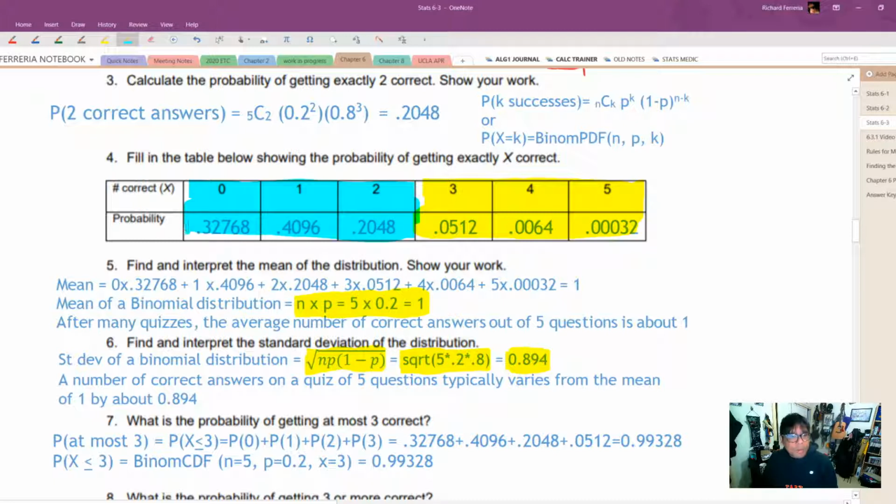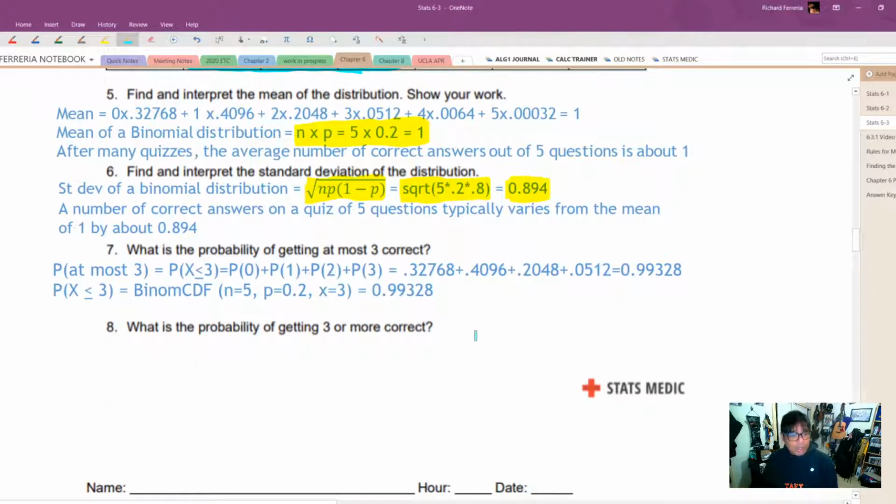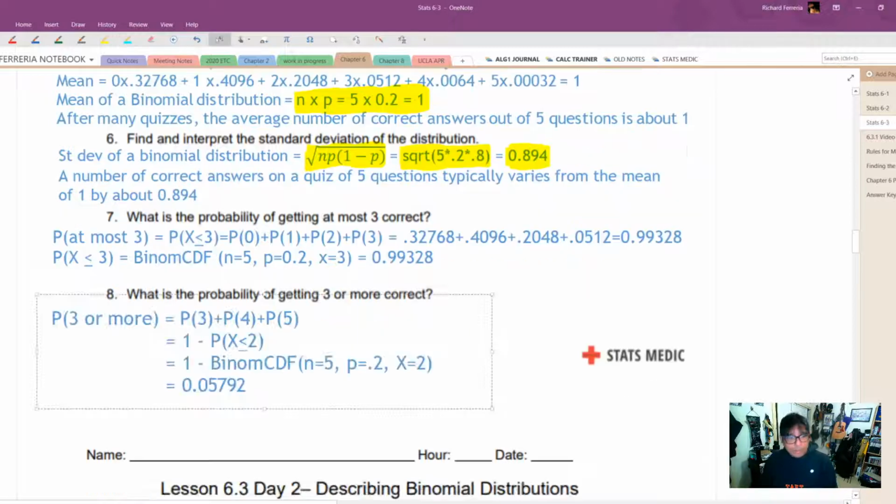It's important to think about the complement here because on our calculator, there is no function for greater than or equal to. We always have to use less than or equal to. But if we know the complement is 2 or less, then we can use our calculator craftily to figure out the correct answer.